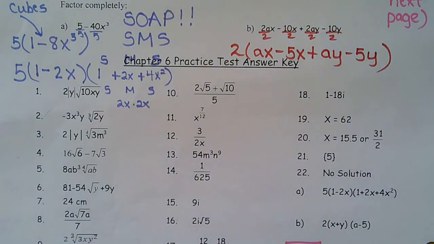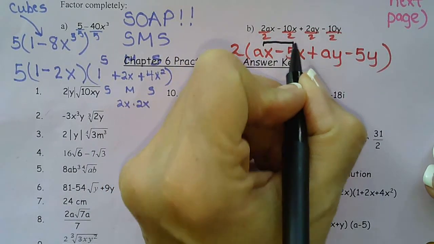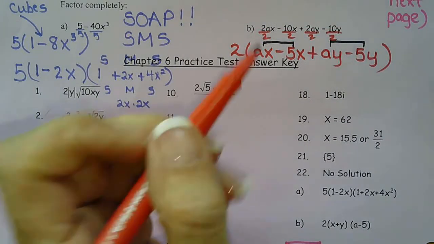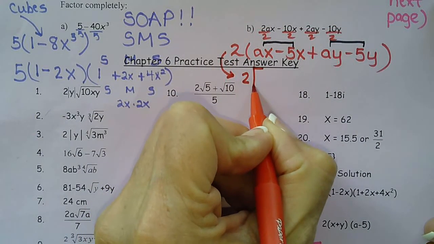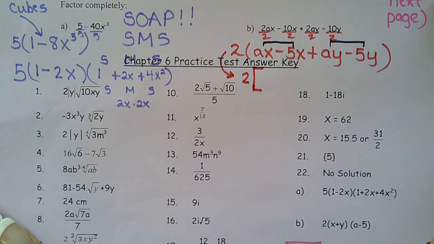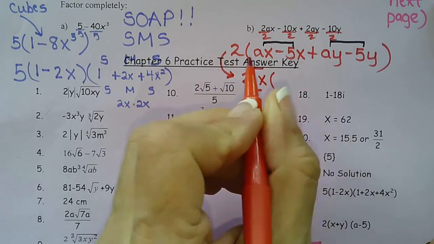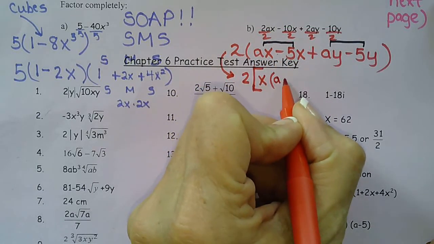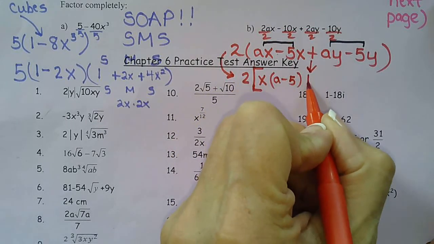Now I can start my grouping. And remember, this is where you put the 2 outside brackets so that it doesn't get in the way, because it's not part of your grouping, but it does have to be part of the answer. So just put it outside brackets. So here I have an X common. When I take an X out of each term, I have A minus 5. The plus sign, or whatever sign is there, always comes down.